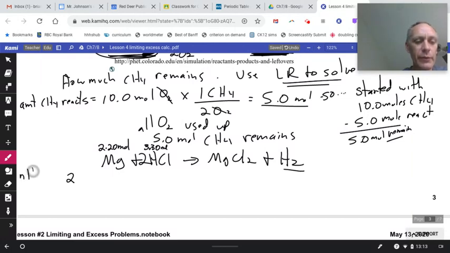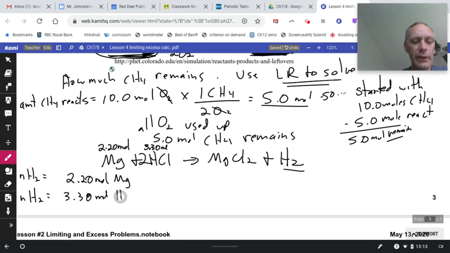So number of moles of hydrogen formed using 2.20 moles of Mg, and then we'll solve it again using 3.30 moles of HCl. Okay, molar ratios. So this one is 1 hydrogen for every 1 Mg. So we get 2.20 moles of hydrogen.